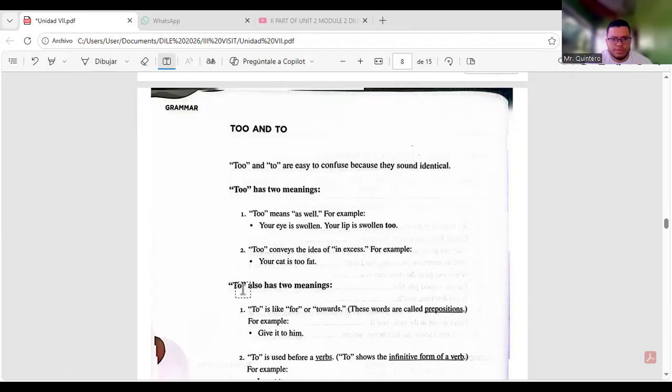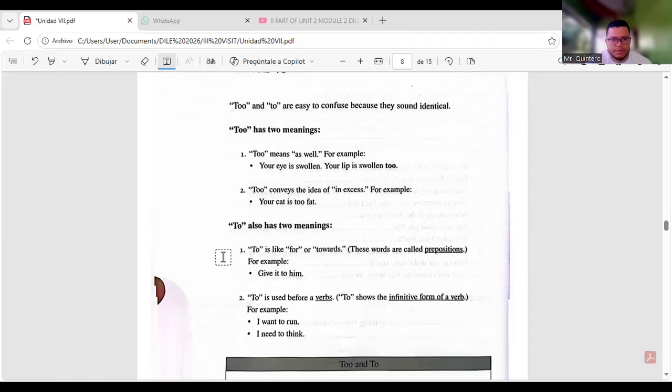So the next one, to, also has two meanings. To is like for or towards. These words are called prepositions. For example, give it to him. Darle esto a él. To es para o hacia quién.